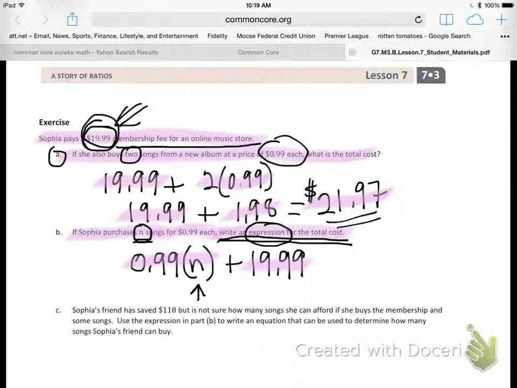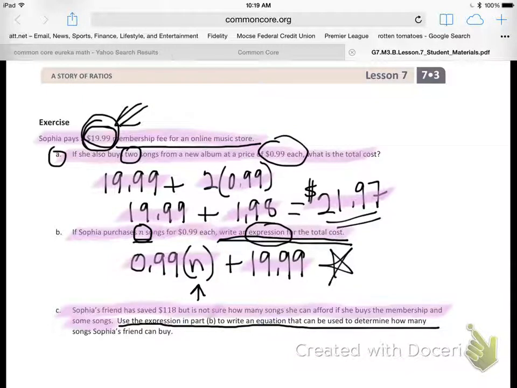So C says Sophia's friend has saved $118 but is not sure how many songs she can afford if she buys the membership and some songs. So now we're going to use the expression in part B to write an equation that can be used to determine how many songs Sophia's friend can buy.